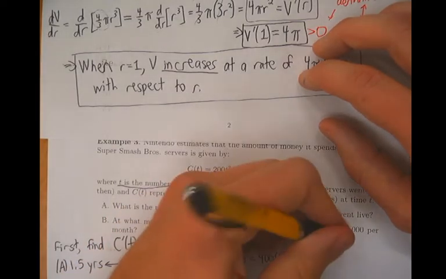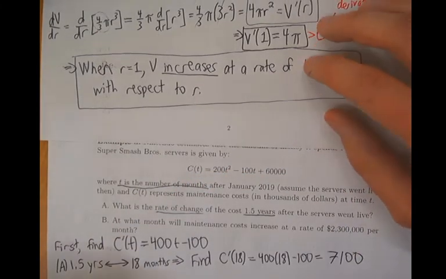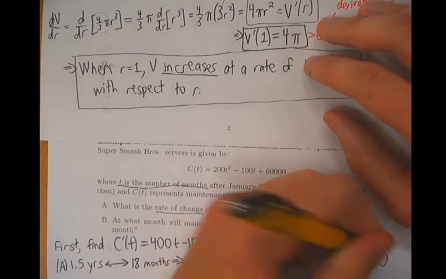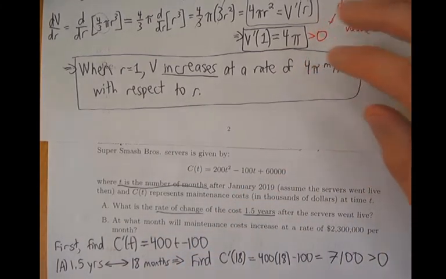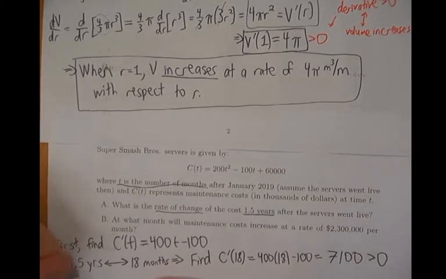Yep, just 7,100, right? All right. So in this case, if we were to write this out as another complete sentence, then we say, all right, well, interpretation.